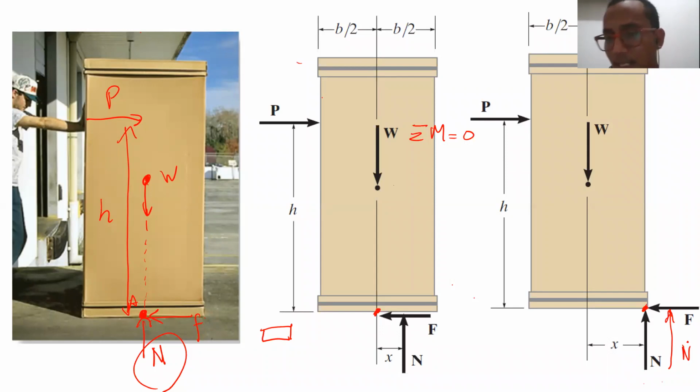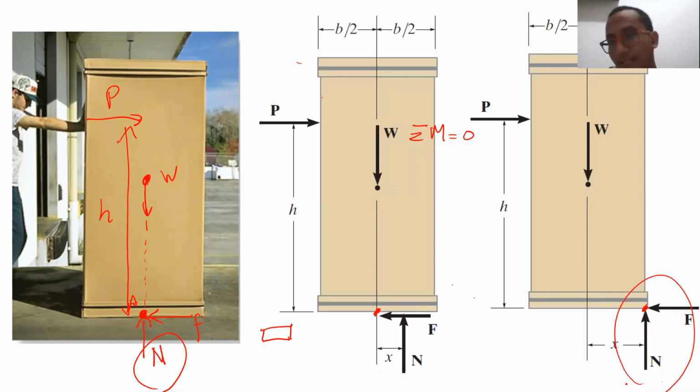But I ask you, is it possible or not? No, it's not possible because the normal force is not supposed to happen outside of the body, outside of the free body diagram. So the actual thing that really happens is still like this.